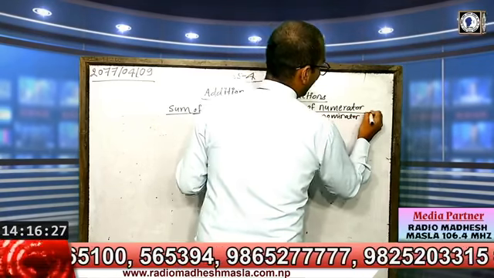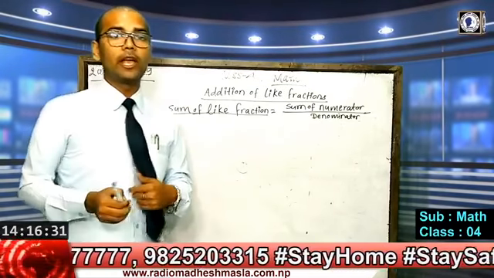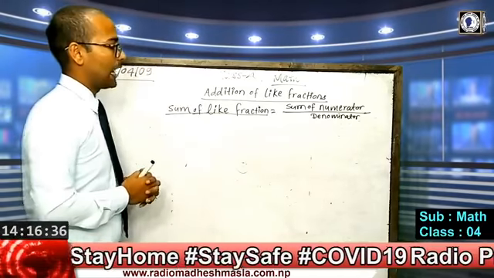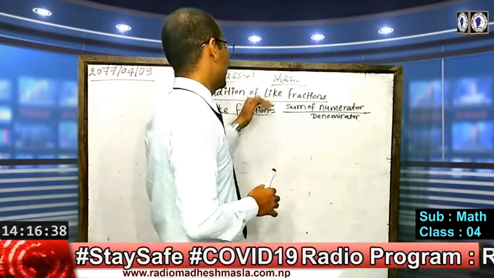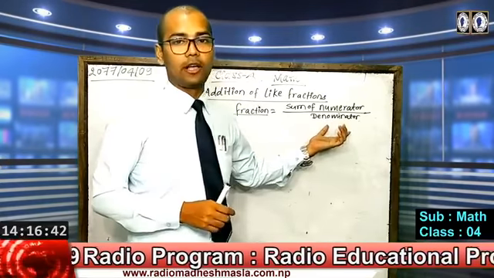Yes, students, whatever the given numerators, we should add all the numerators of the given fractions, and as we know, like fractions have the same denominators, so we should write the common denominator.